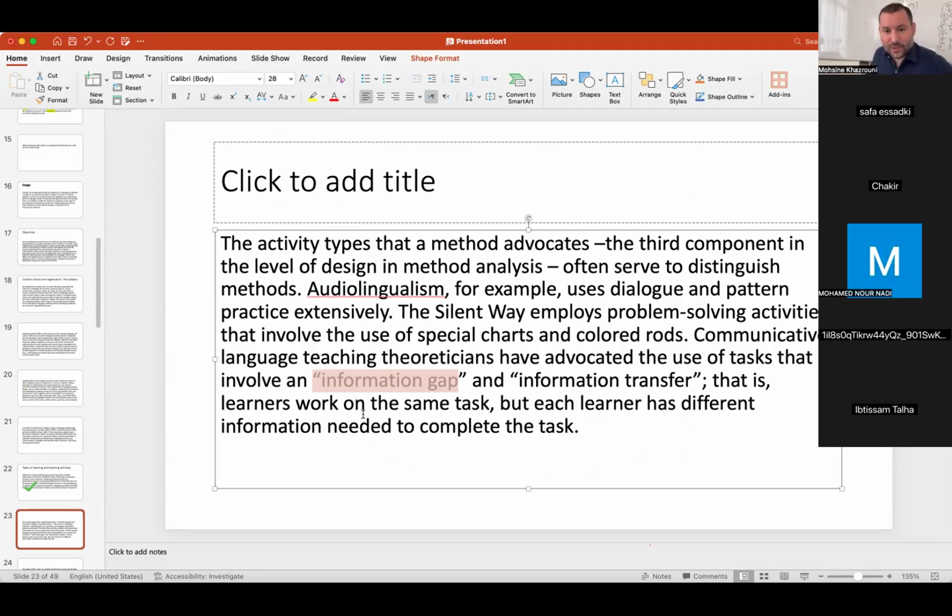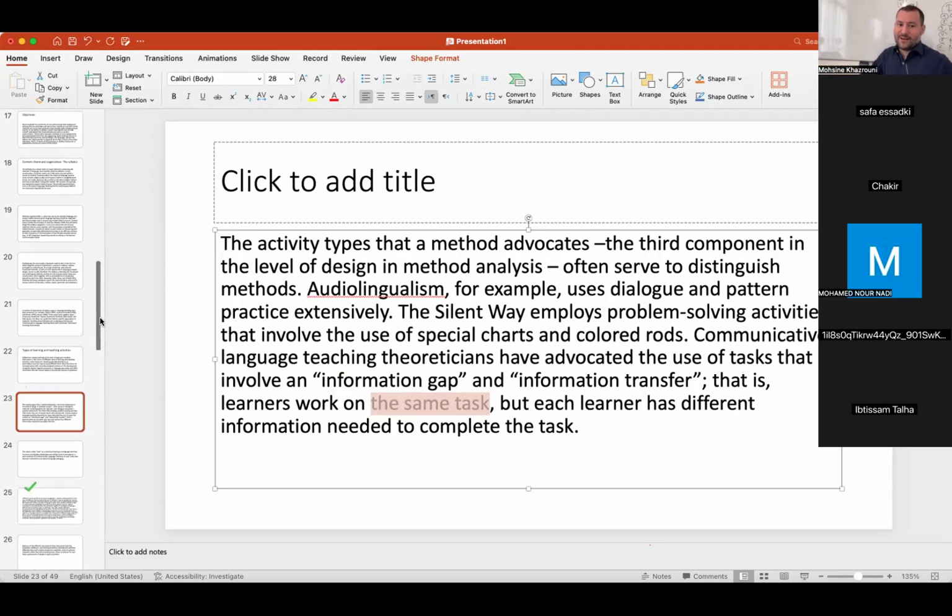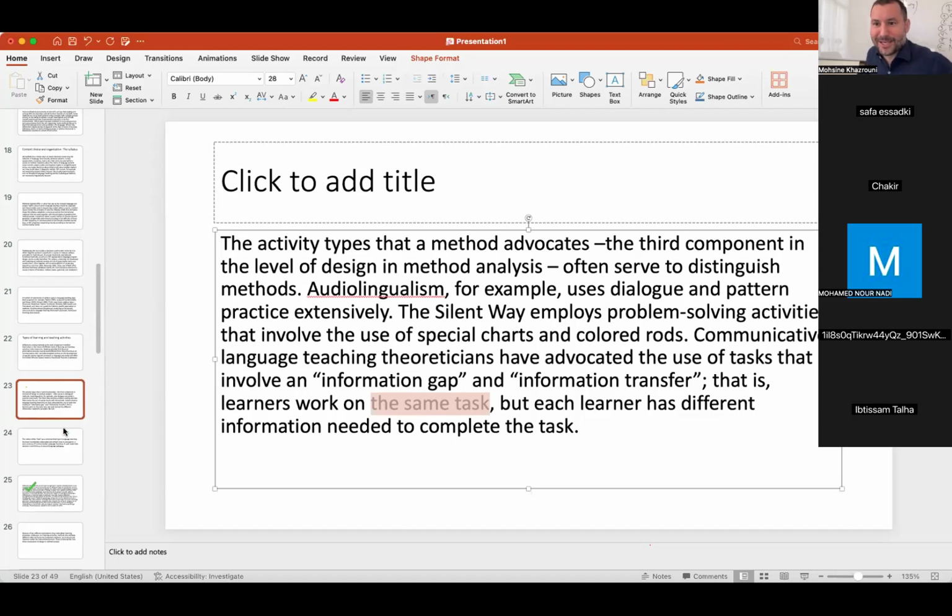So learners work on the same task, but each learner has different information needed to complete the task. I think this is a very good activity that you can do in the class, provided that the students are speaking English, not Arabic, for example. So they should speak English to communicate in English.